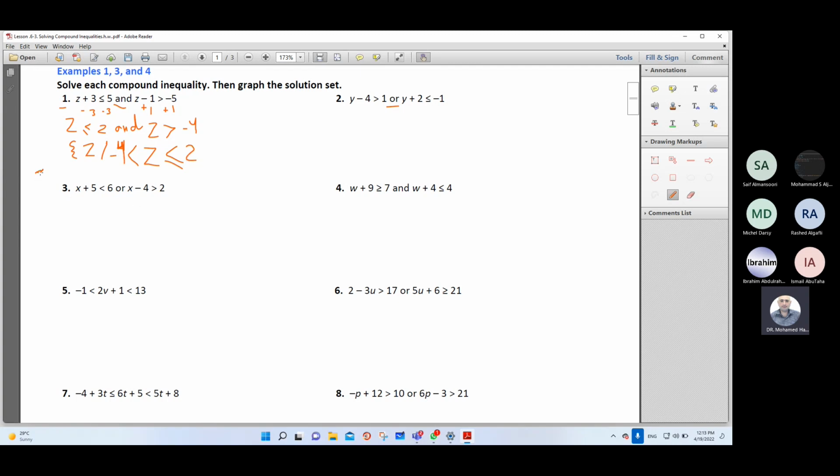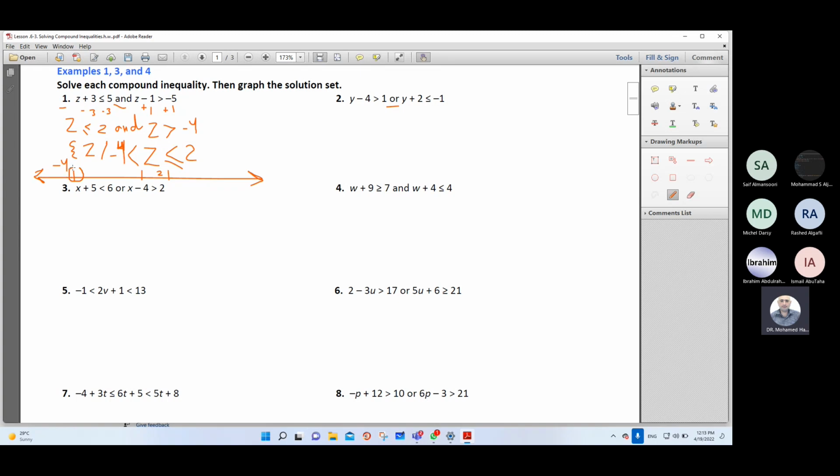And the graph: here we have 0. In the middle, they represent negative 4, then here represent 2. As you see here, in this sign, we don't have equal, so here draw an open circle.